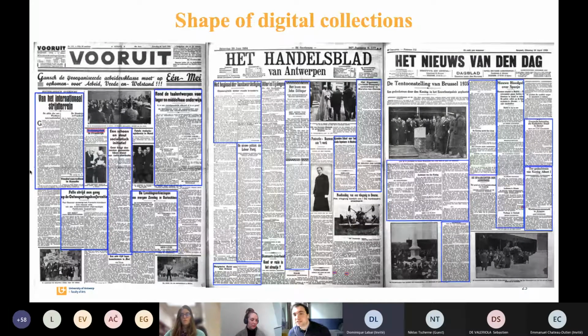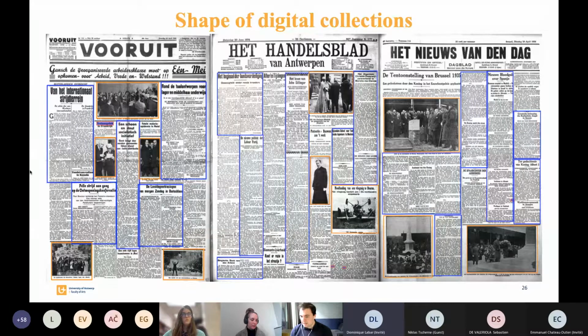Right. So I've talked a lot about the images which you can extract from newspapers and then analyze in all sorts of different ways. But being a historian of visual culture, I quickly realized that all these images in their original historical source are connected to different kinds of texts, right?